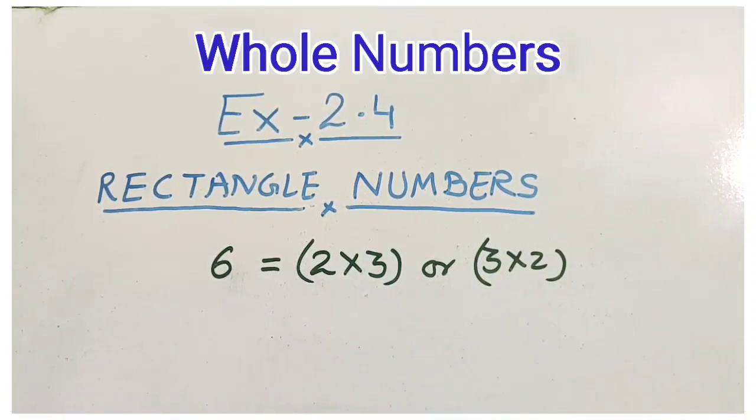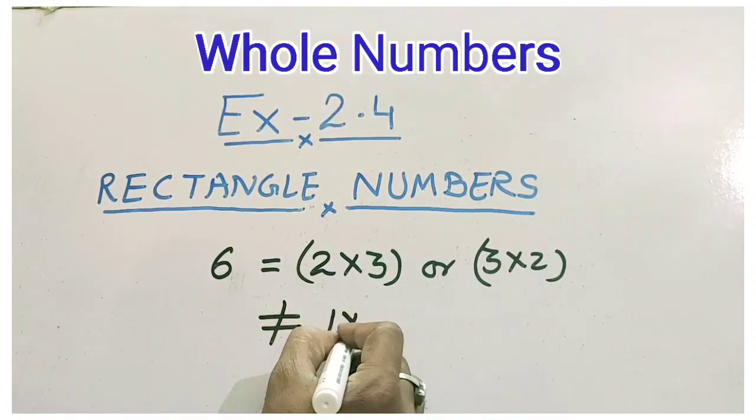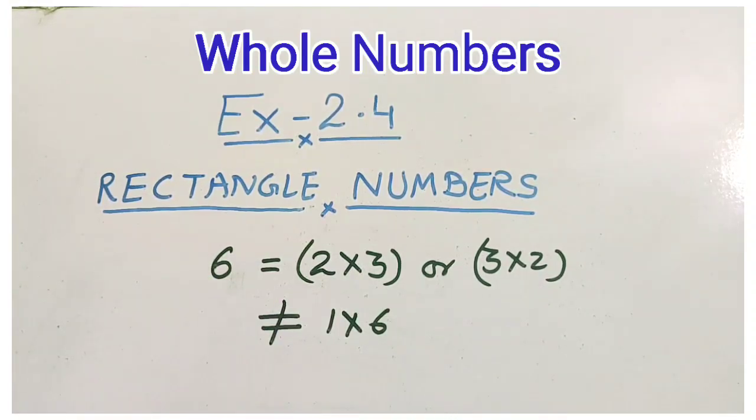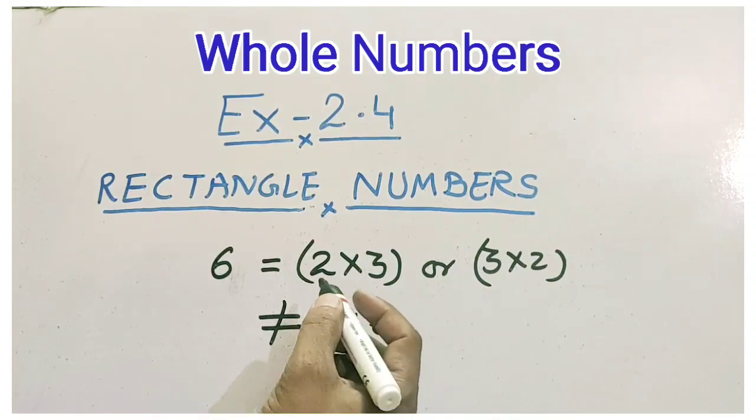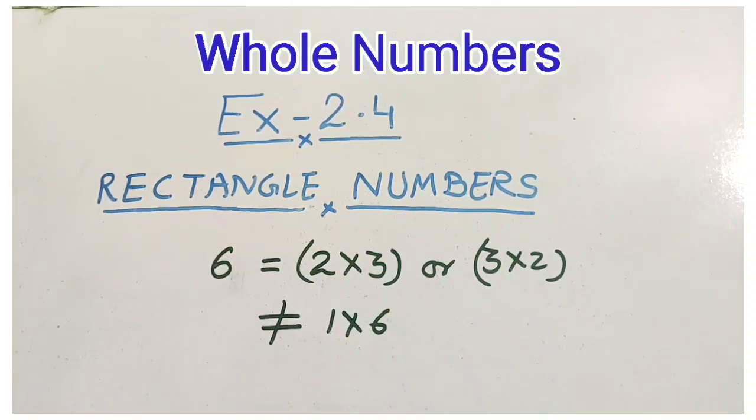Yes, 1 into 6 is also possible, but we will not take 1 into 6 as a factor of 6. Clear? Because while making rectangle numbers in dot form, or you can say pictorial representation, we will not take 1 as a factor. So what we will get is 2 multiplied by 3 or 3 multiplied by 2. All possible pairs are there.